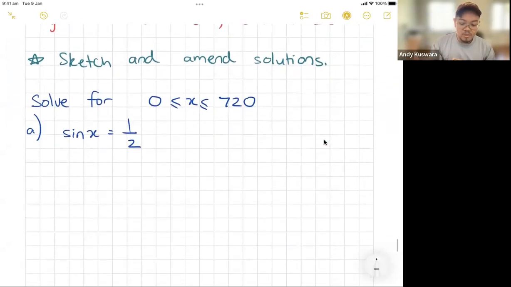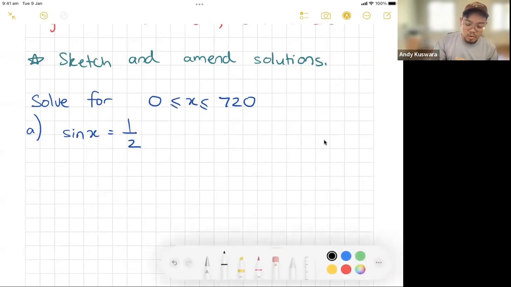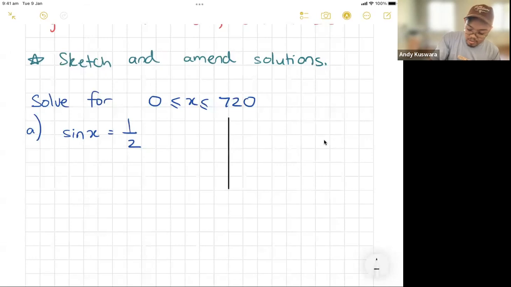So for this one here, I've just said sketch and amend solutions. Let me show you what I mean. I'm saying solve for x in between 0 and 720, where sine x equals a half. If I sketch this out, not only do I want to go up to 360, I want to go all the way to 720.